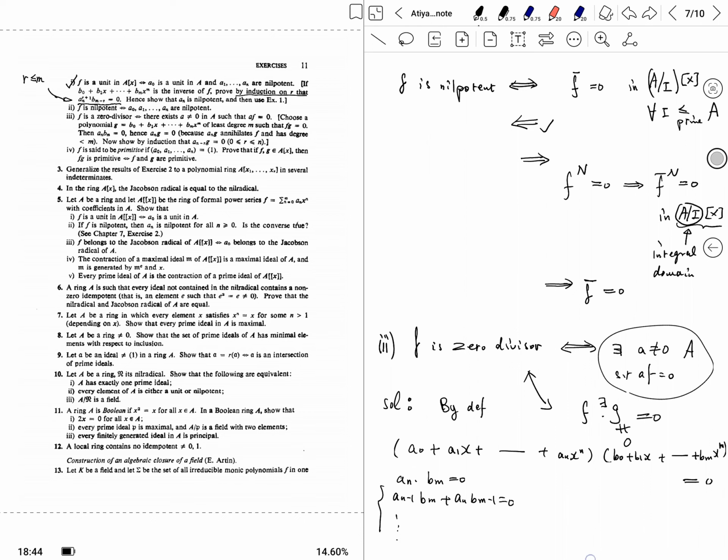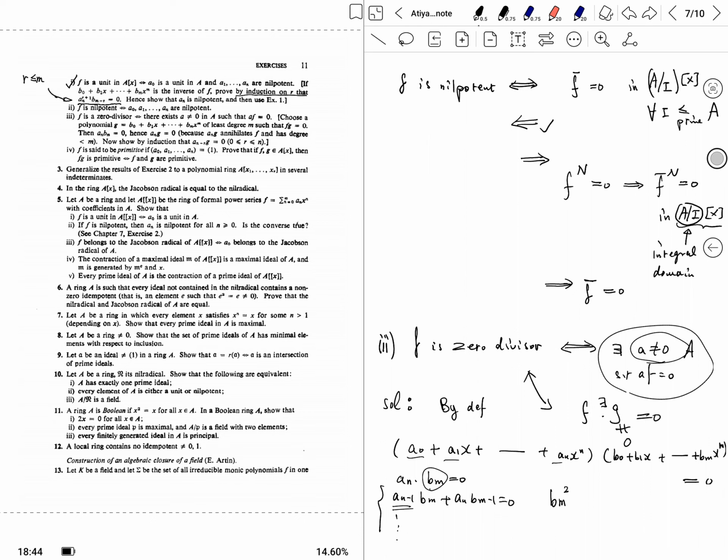And this tells you that we only need to find an element in the coefficient ring which kills f, which means kills all the coefficients of f. But here we find bm kills an, but we don't know whether bm kills an minus 1 or not, but bm squared kills it.